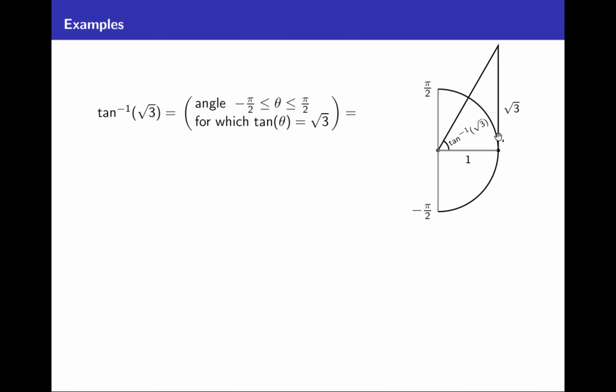We've got our right triangle with adjacent side 1. And tangent of this angle would be square root of 3, so we're drawing that opposite side as square root of 3. Now if you look at this triangle, you may recognize it as a familiar triangle.